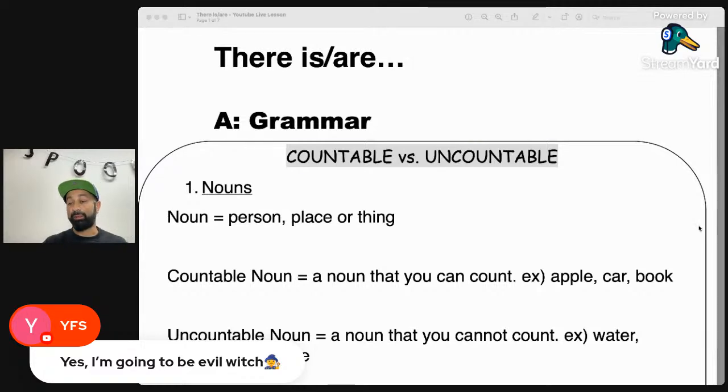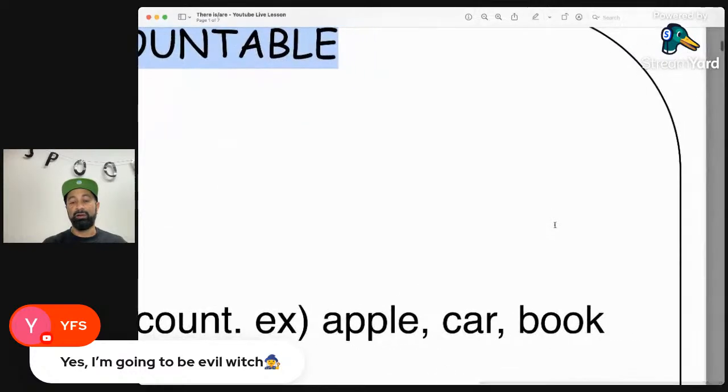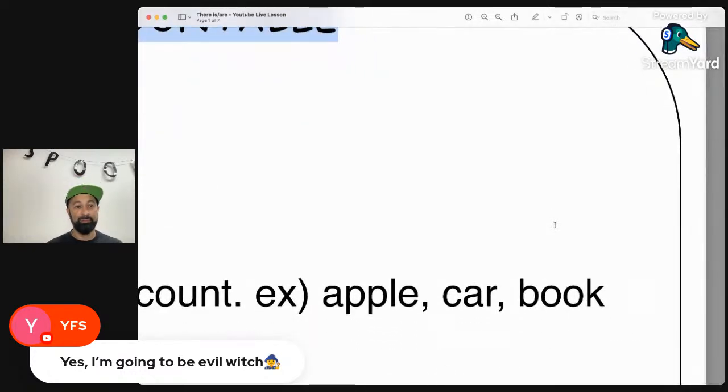Other examples of a countable noun are an apple, a car, and a book. I can count all of these things. In my fridge right now, I've got 7 apples. I can count them. 1, 2, 3, 4, 5, 6, 7. At my house, I have 1 car.